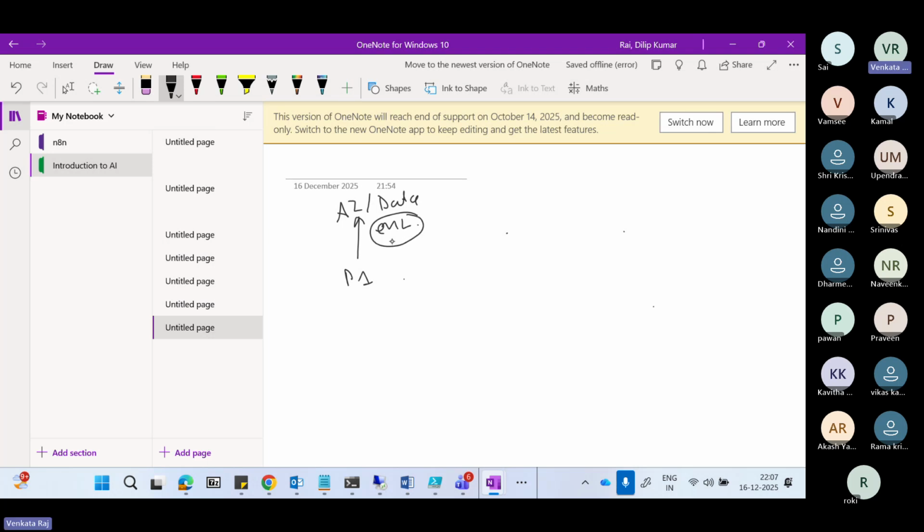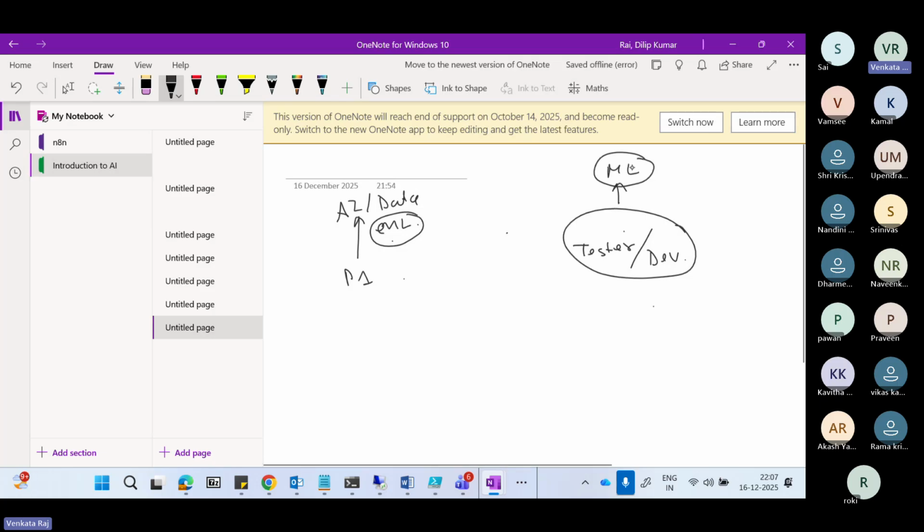He builds the model and trains the model. Then there is another person, a tester or developer. They use the machine learning models to build their project, like they're using ChatGPT or Copilot or Claude.